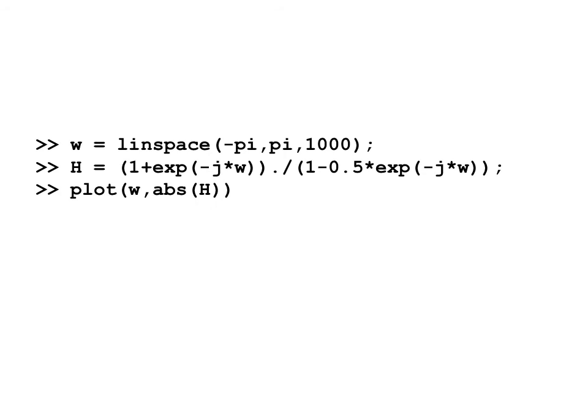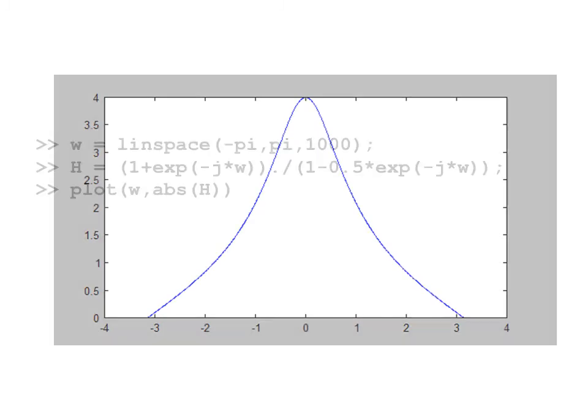Oftentimes mistakes are made in MATLAB when we forget to do that. And now we've calculated 1,000 points of H, which are complex valued, so we take ABS before plotting them as a function of omega. And here's the result that we get in the figure window.